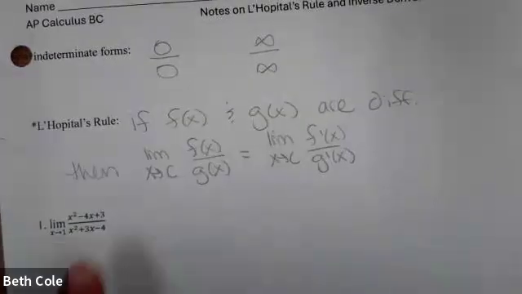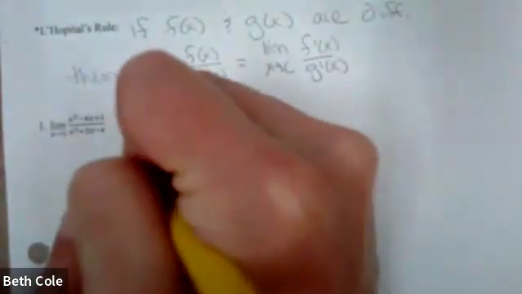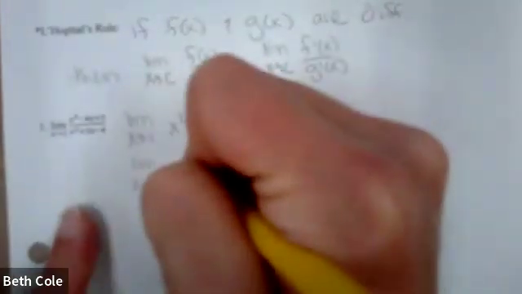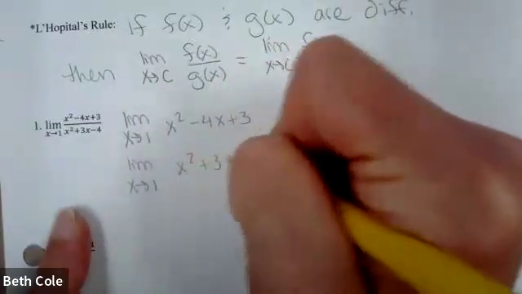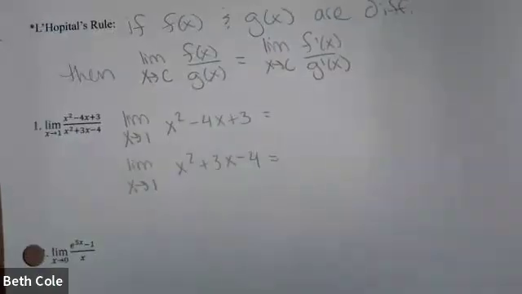So when you see this, you have to do the limit as x approaches 1 of just the numerator, and the limit as x approaches 1 of just the denominator. You have to do them separately. Here's the reason why. If you plug in 1 to each of those, you get 0 over 0.